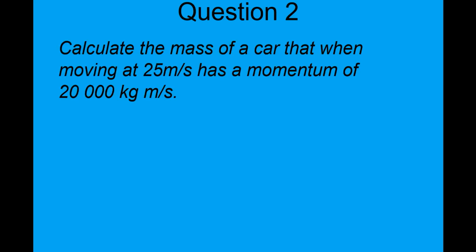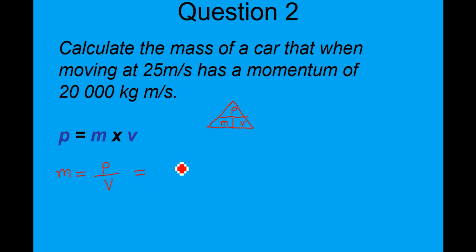Now, question number 2. Calculate the mass of a car that, when moving at 25 meters per second, has a momentum of 20,000 kg meter per second. We know momentum equals mass into velocity. Remember, there is a formula triangle. p equals mass into velocity. Here we have to calculate mass, so mass equals momentum divided by velocity.